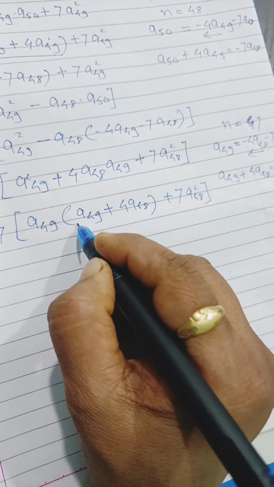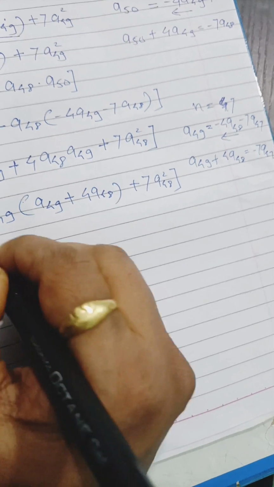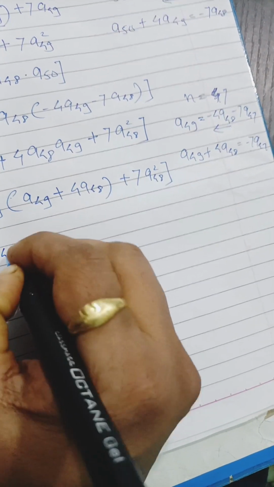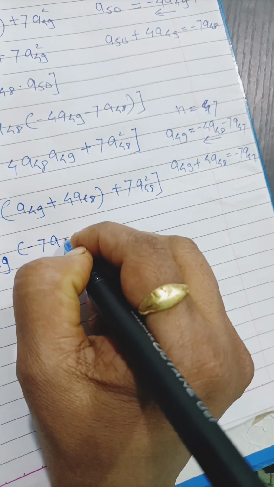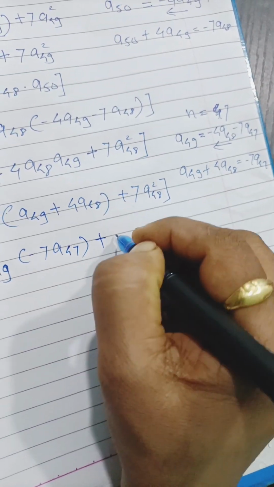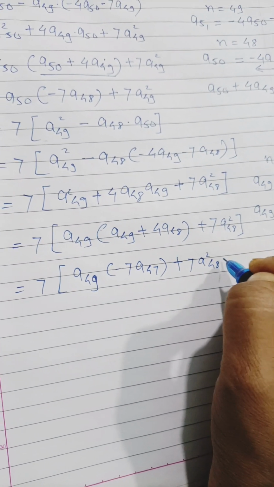So instead of this bracket we will now write minus 7 a47. So 7 a49 minus 7 a47 plus 7 square of a48.